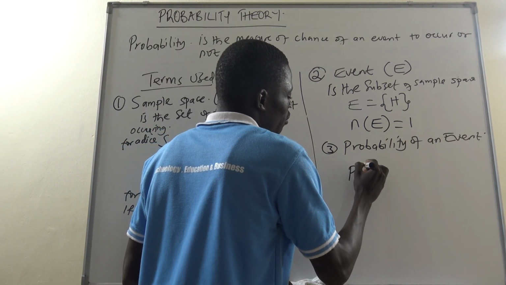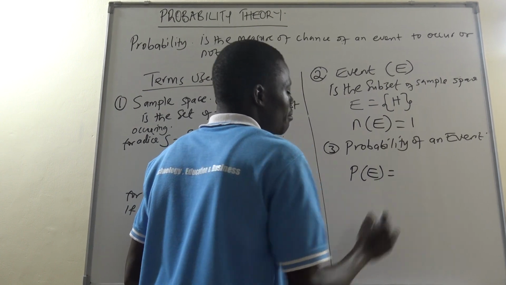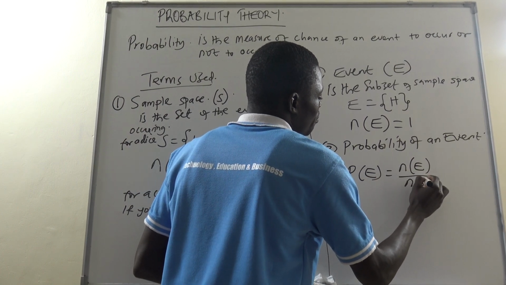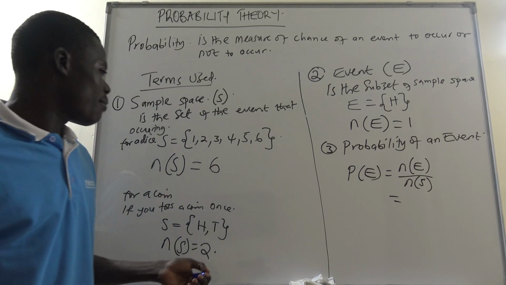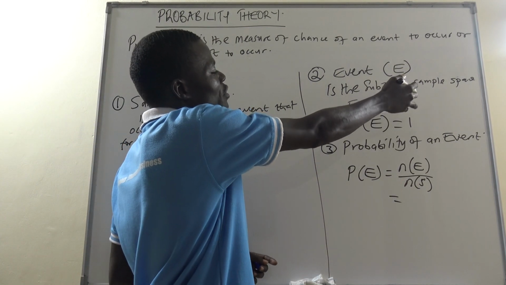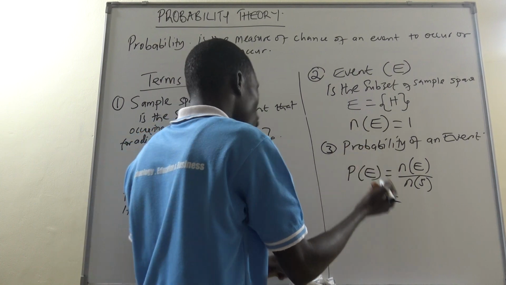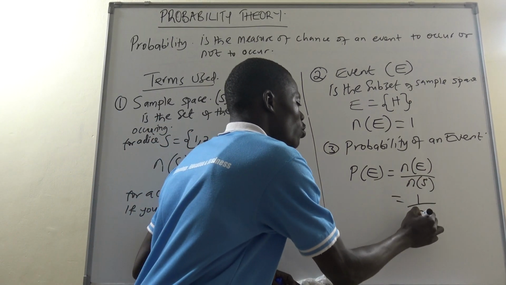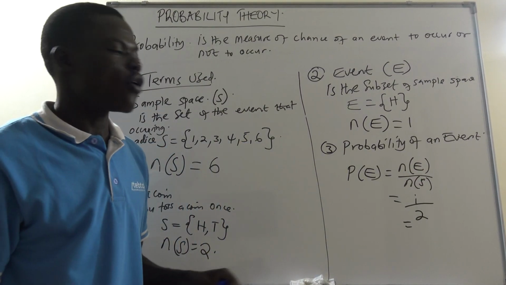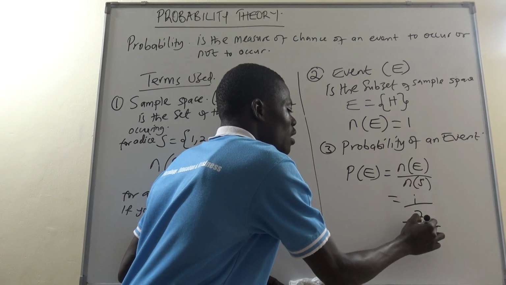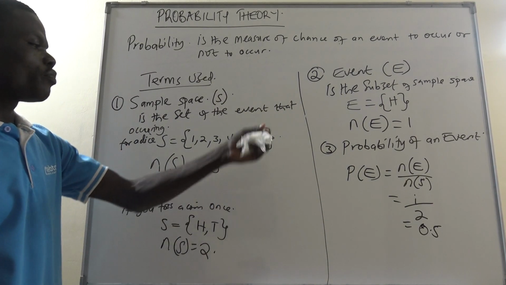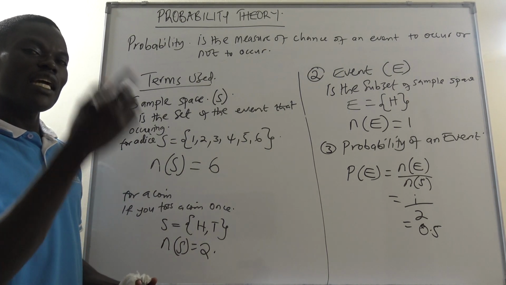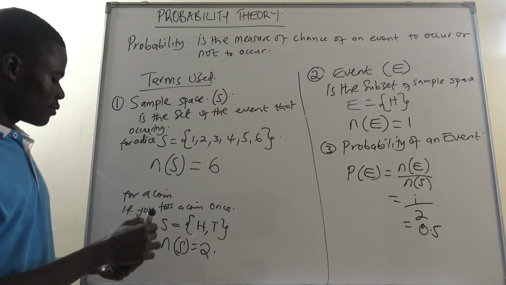So probability of an event E is given by the number of event E divided by the number of sample space S. Taking the example we have been looking at, for a coin, the number of event was 1 out of a sample space of 2. So our probability becomes a half, or you can call it 0.5. That becomes your probability of getting a head when a coin is tossed once.